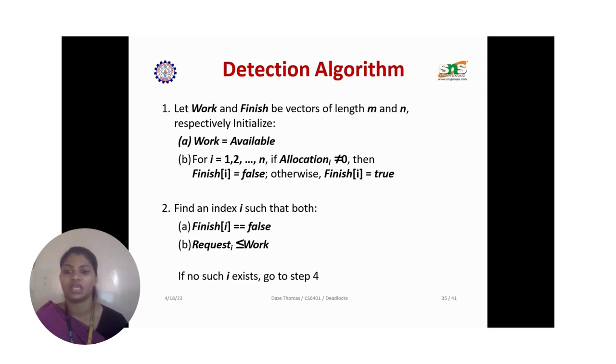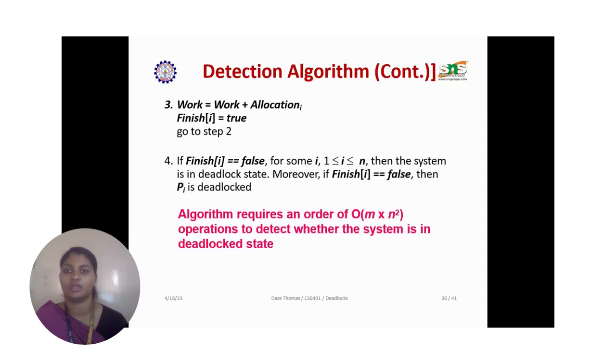Second step: find an index i such that both Finish[i] equals false and Request[i] is less than or equal to Work. Both conditions must be satisfied. If no such i exists, go to step 4. Step 3: Work equals Work plus Allocation[i], Finish[i] equals true, then go to step 2 and repeat.